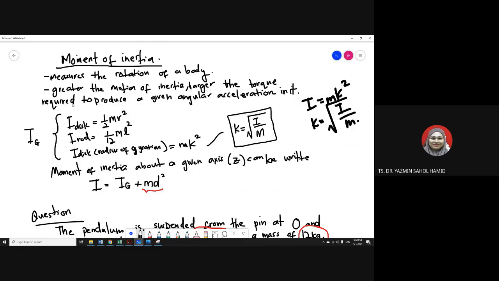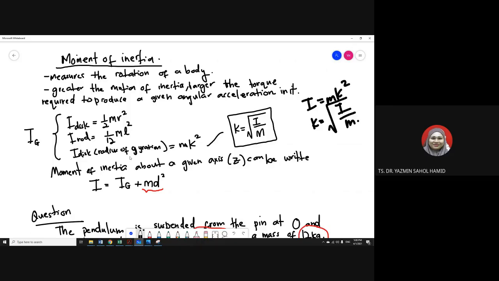Okay, formula I yang you dapat ni adalah I bila G dia dekat center. So moment of inertia about a given axis, you pakai G, you pakai formula ni.